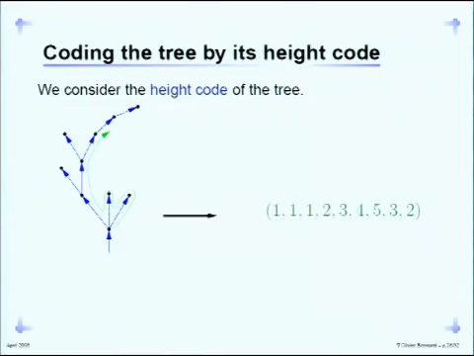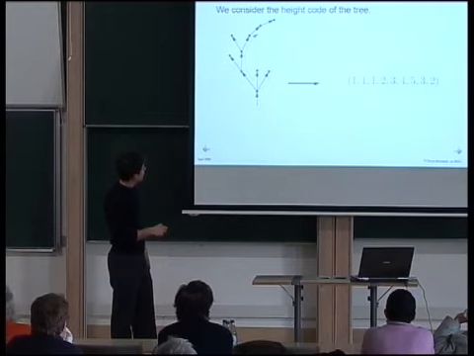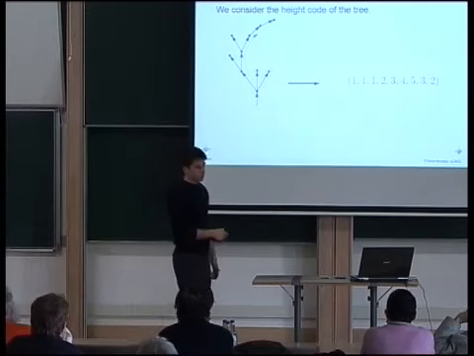So if I have a tree, I can walk around it and record the height of each vertex. So the root is at height 0. It is always 0, so I do not write it. Then here I'm at height 1, 1, 1, 2, 3, 4, 5, 3, and 2. This is the height code of my tree.